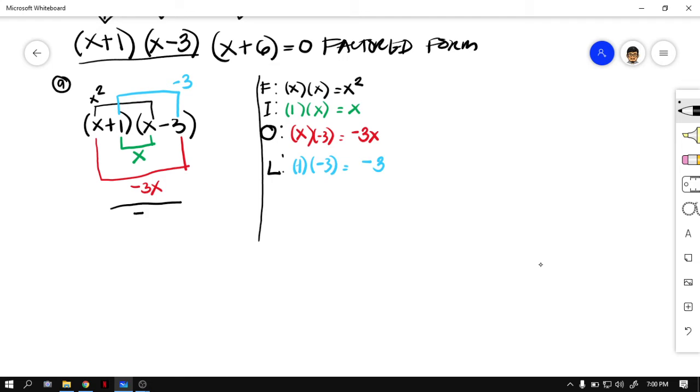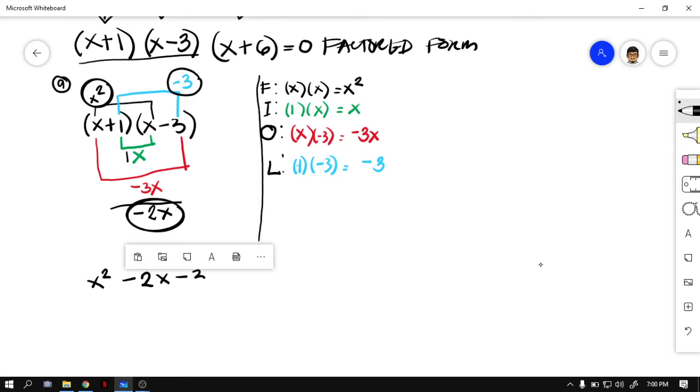And ang numerical coefficient ng x ay 1. So, 3 minus 1, that is 2. And then, just simply copy x. Okay? So, ito na yung kukopyahin natin. Itong tatlo na nandito sa taas. So, we have now x squared minus 2x minus 3.